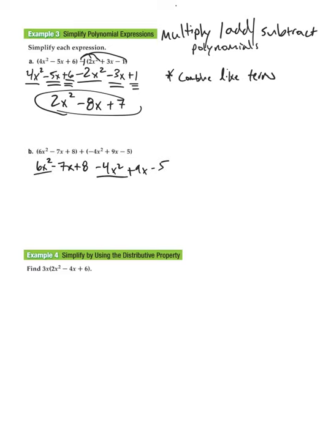So 6x squared minus 4x squared, that's 2x squared. -7x plus 9, -7 plus 9, that's +2x. 8 minus 5, a +3. So 2x squared plus 2x plus 3. Okay, so adding and subtracting, guys, as easy as combining like terms.